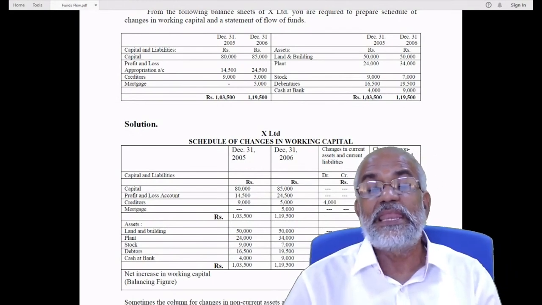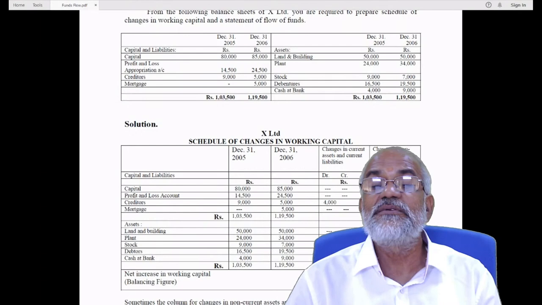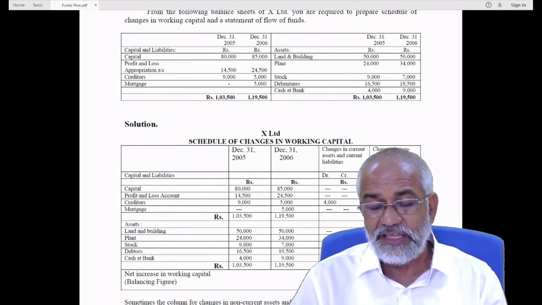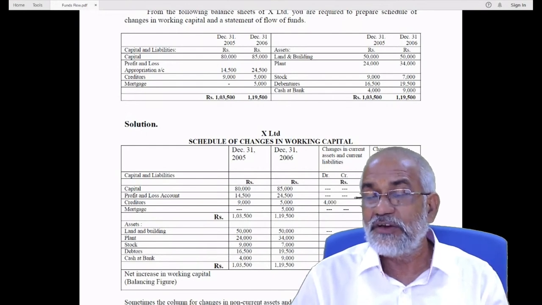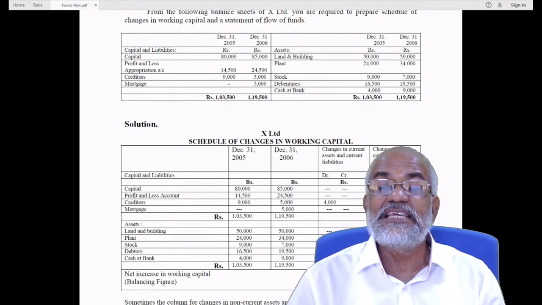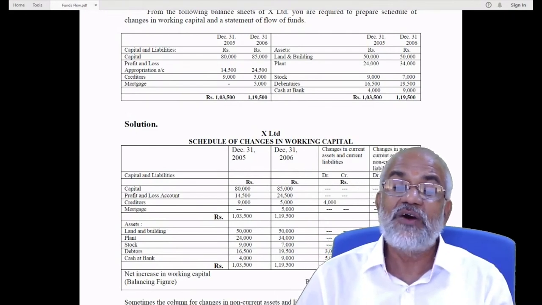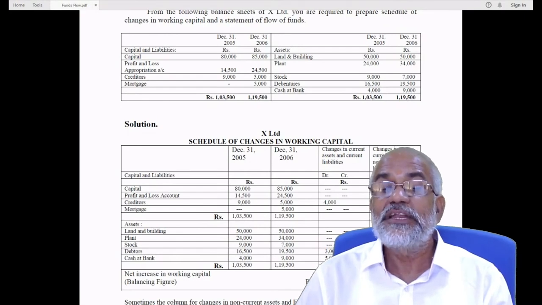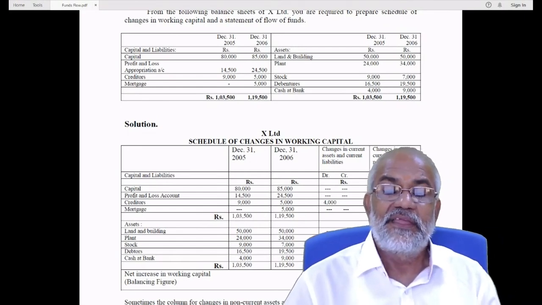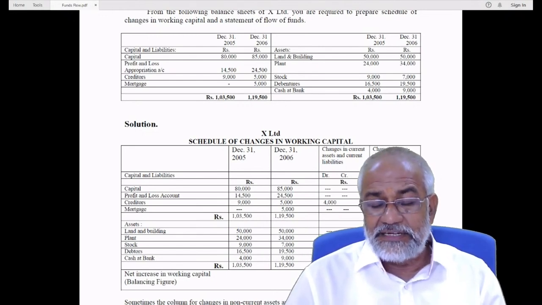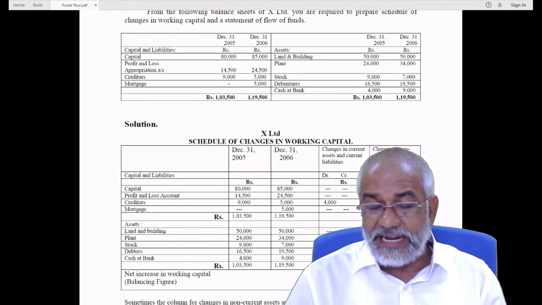Then we need to make the balancing of the first 2 columns, that means the first 2 columns of the current category, then the next 2 columns of the non-current category. When you make the balancing, the figure appears as 10,000 and it is coming in the credit column of the current category.